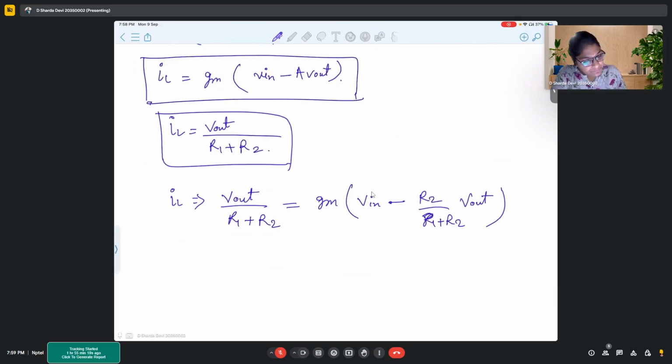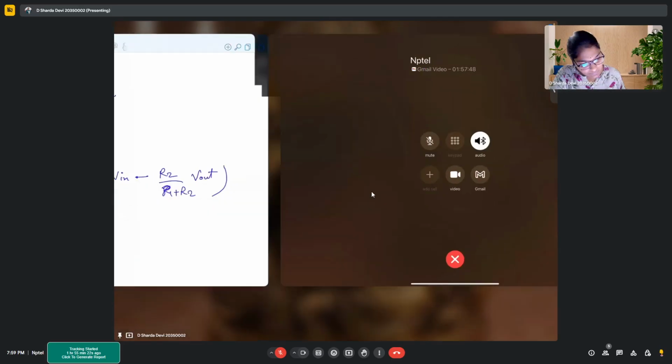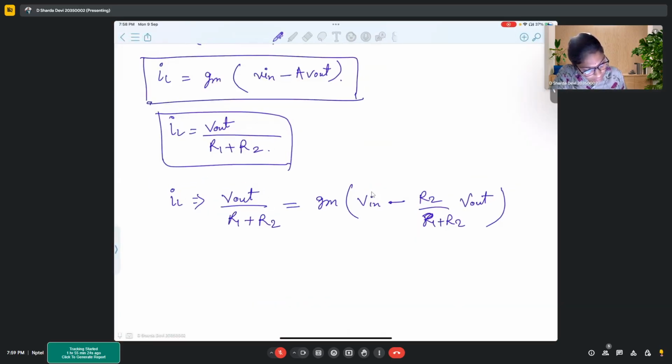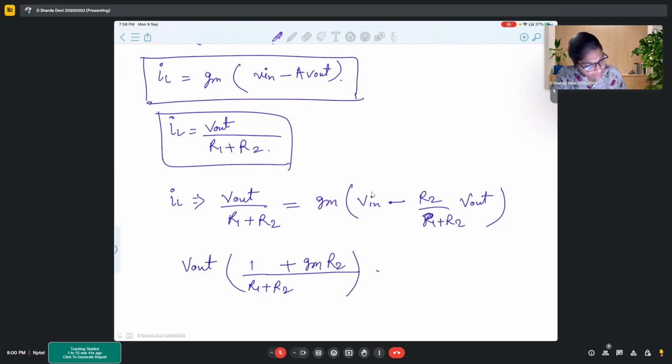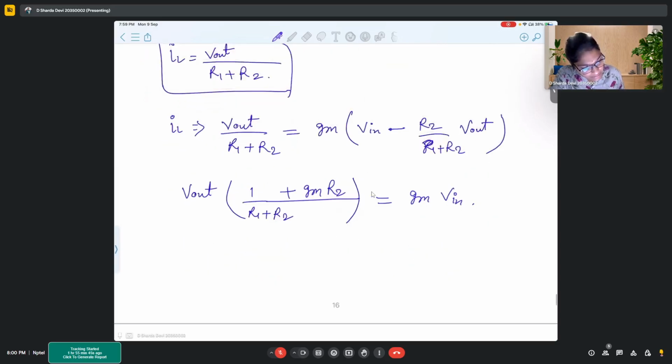So from here, separating the variables, we get V out as 1 upon R1 plus 1 plus GM R2 upon R1 plus R2 into V out equal to GM V in.